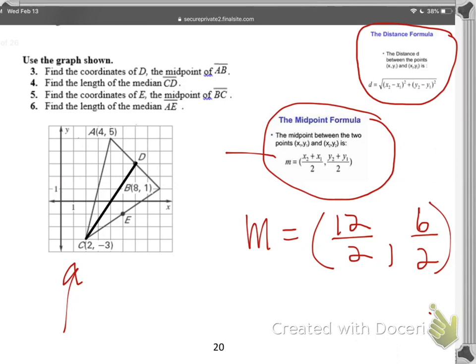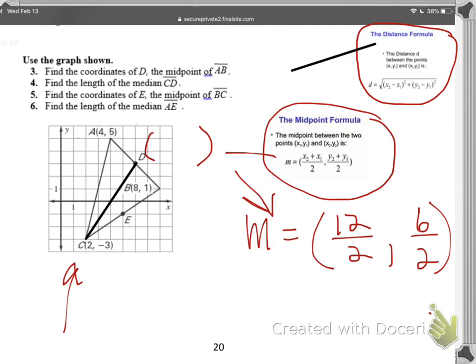So they would like to know how long that is. Whenever you're asked how long something is, you're going to look at the distance formula and apply it to this problem. Now, you first need to write your coordinate pair in that you got from this midpoint formula. You have to write the coordinate pair for D. Then we're going to use the distance formula. The distance formula says you subtract the x's in order, so x2 minus x1, and then you square that.